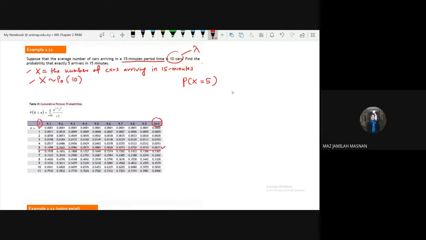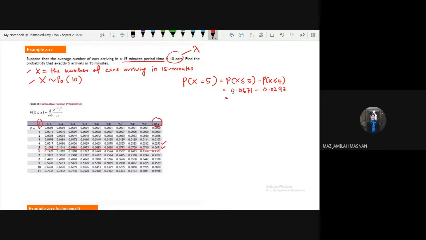This is P(X less than or equal to 5). In order to find exactly 5, we have to deduct the previous, that is P(X less than or equal to 4). So in this case, 0.0671 minus 0.0293.